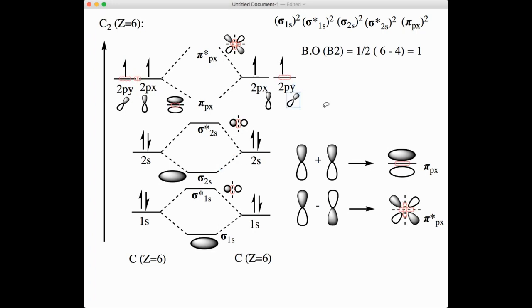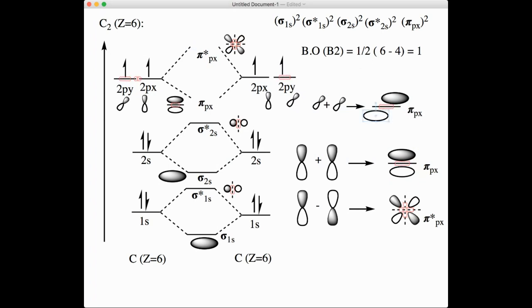Clearly, guys, combining in phase, once again, two p orbitals in phase, that's going to lead to a bonding molecular orbital. And this bonding molecular orbital is going to be also a pi bonding looking exactly like this, just 90 degrees from the one that we had before. So I'm going to show now a more accurate picture of this. So this is the in-phase combination. So that would be something like this, right?